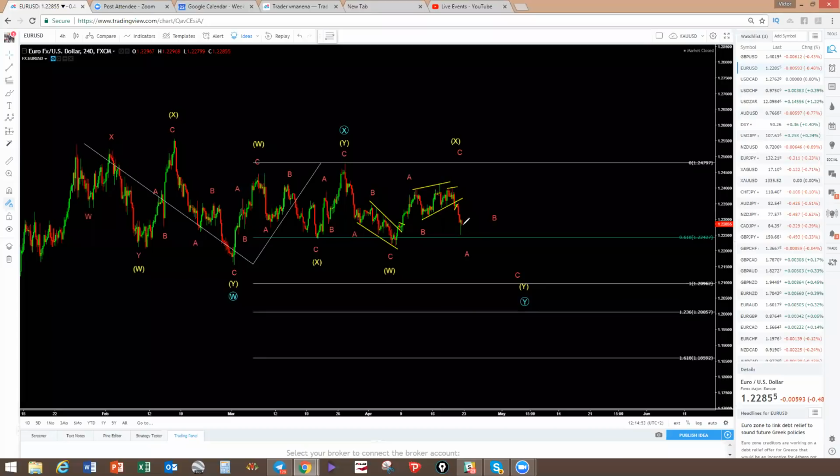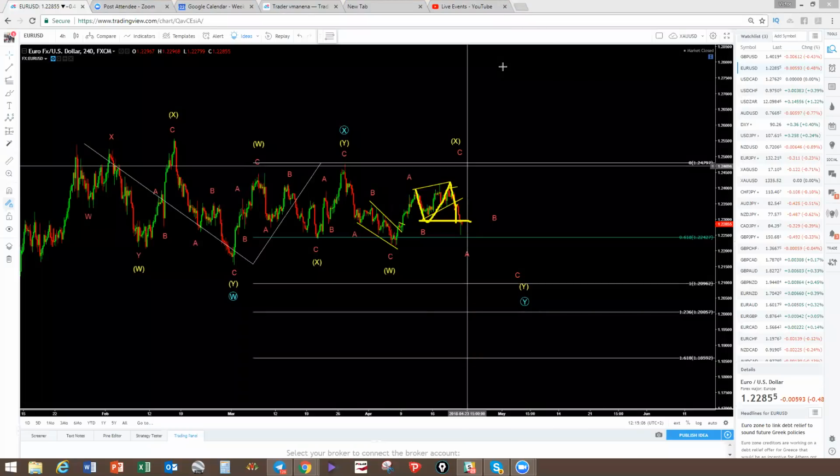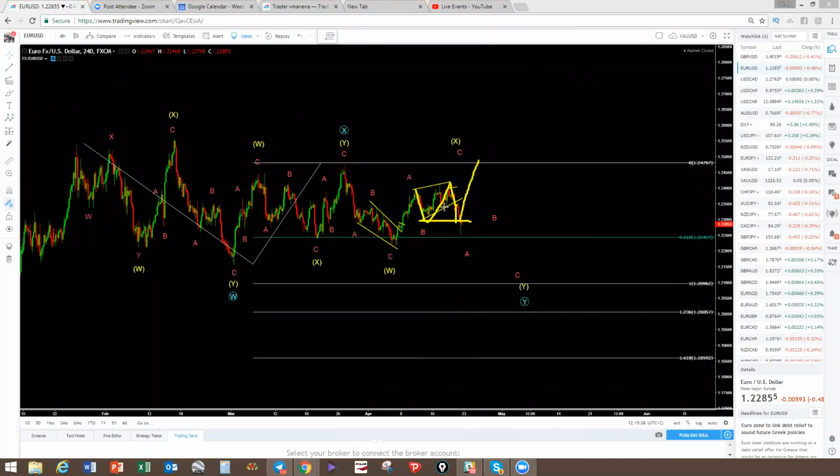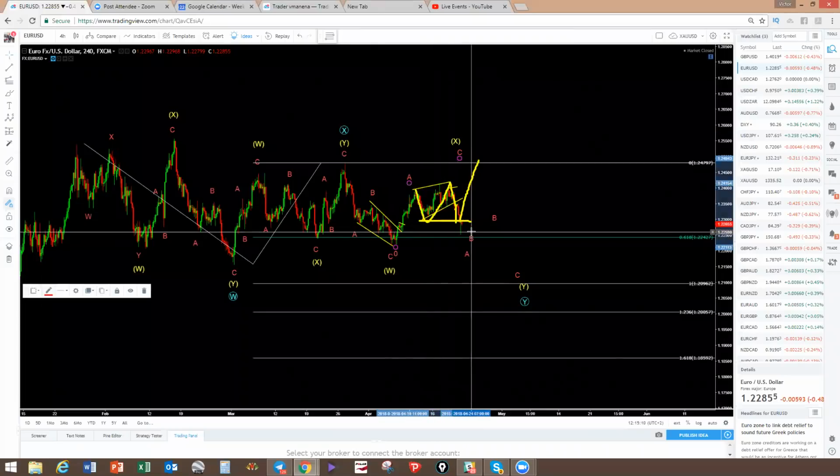Euro US dollar, look for the flag to get this last move to the downside. This could have actually been like that, made this move like that, and made one up before it went up. That would still have been acceptable.